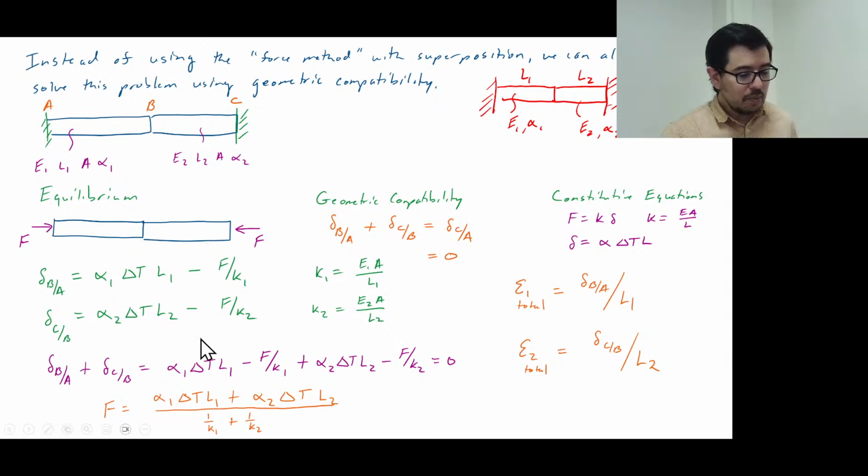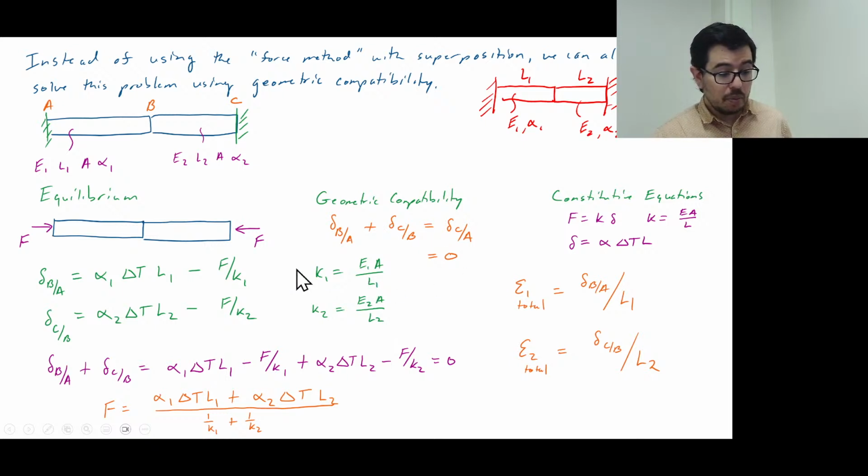This one, we're saying, let's use the idea of geometric compatibility, which is that the deformation of B relative to A is going to be alpha 1 delta T L1 minus F over K1, and the deformation of C relative to B is going to be alpha 2 delta T L2 minus F over K2. Now we're going to use this principle on top of it, where the overall displacement between A and C is equal to 0.